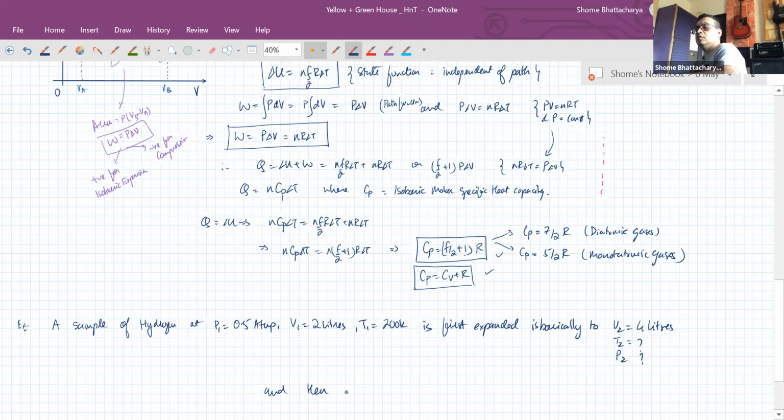And then cooled isochorically to a temperature of 200 Kelvin.